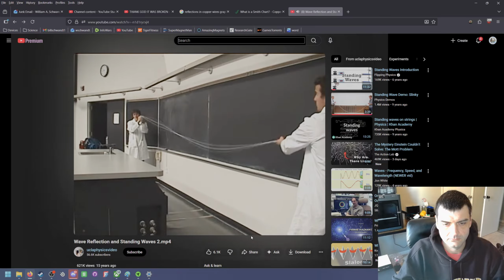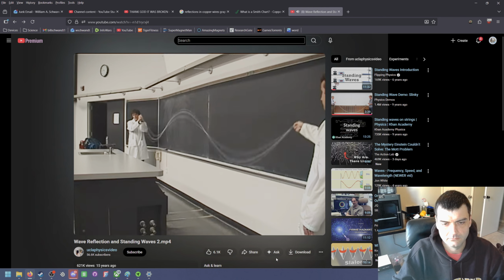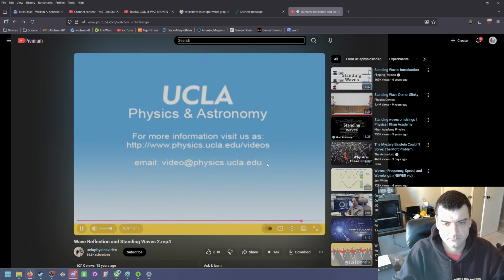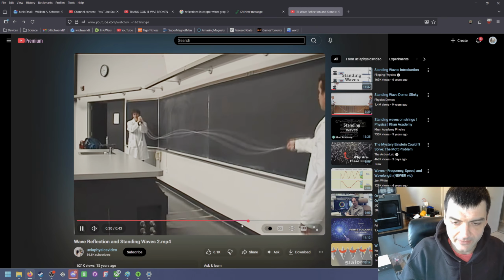If I triple the frequency, I get the third harmonic. So you can see how the length of the rope and the frequency at which we pulse the rope determine how many nodes and how much power you get along the length of the rope.